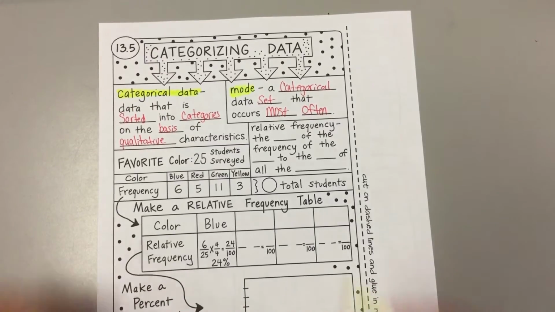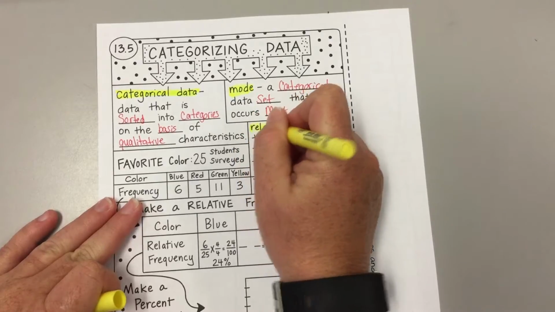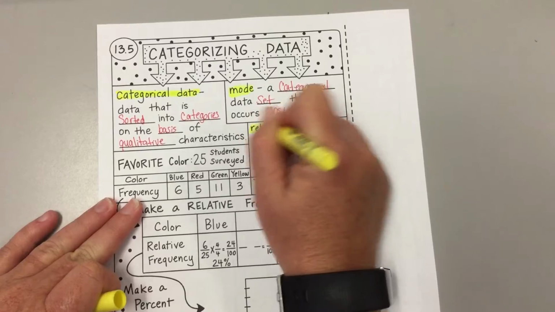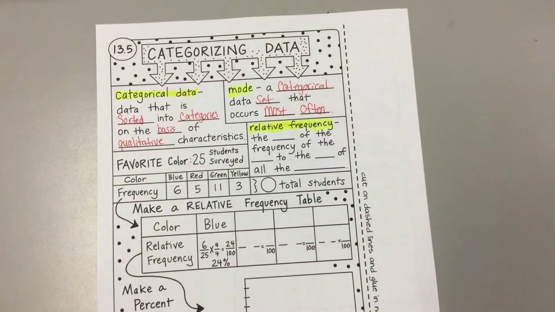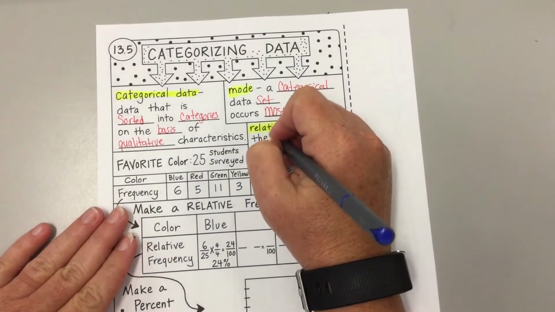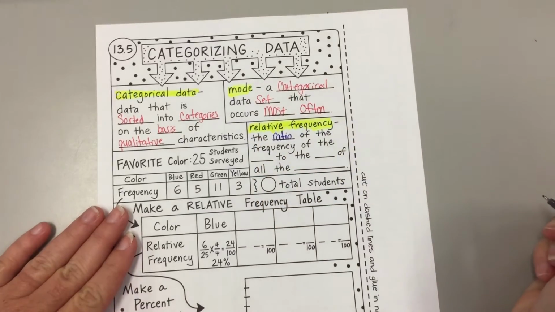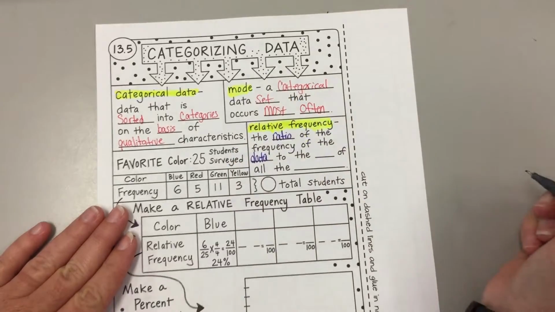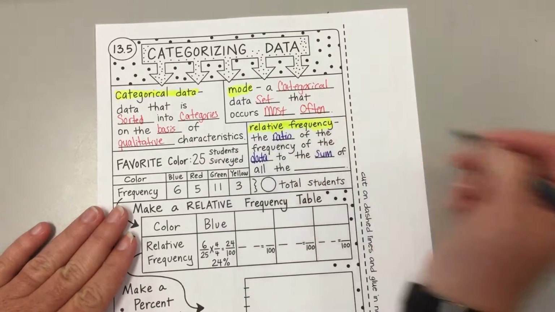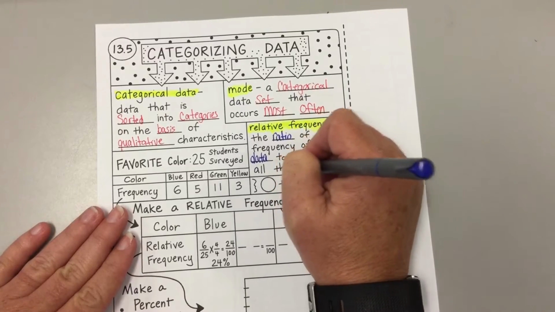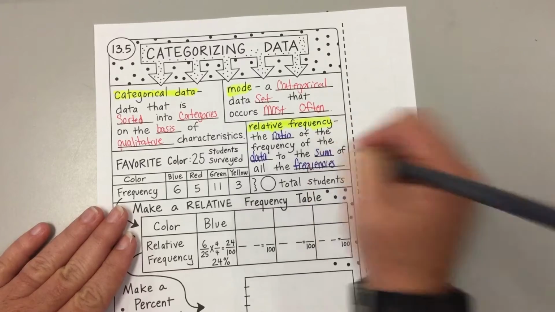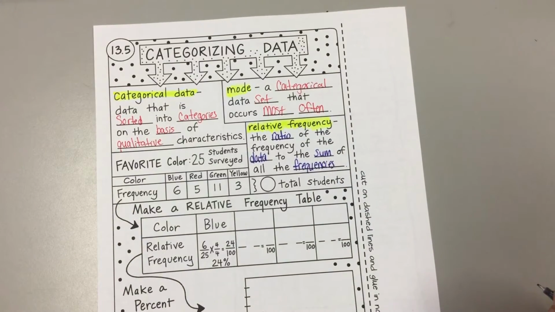Oh, we have one more vocabulary word. Forgot about that. Relative frequency. Relative frequency is the ratio of the frequency of the data to the sum of all the data frequencies. Sounds like this is really hard, but I'm going to give you what it means in layman's terms, in 6th grade terms.